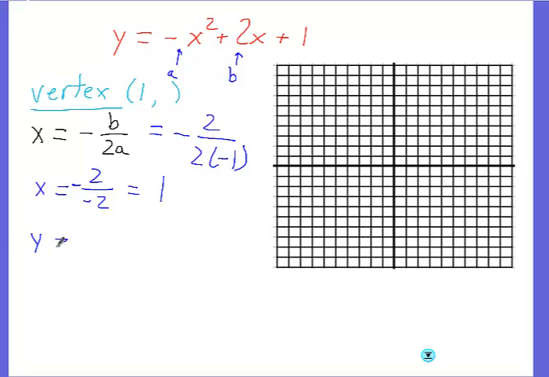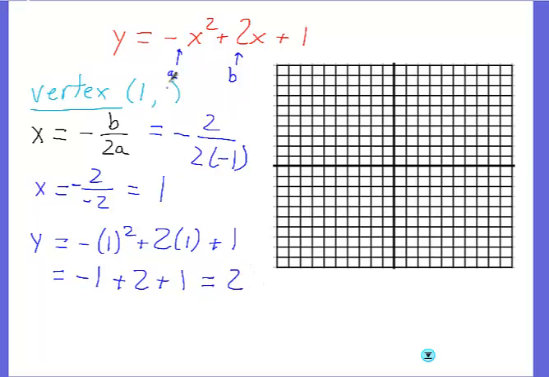So y is equal to negative 1 squared plus 2 times 1 plus 1. Then we simplify. 1 squared is 1, so it becomes negative 1 plus 2 plus 1, which gives us a positive 2. Okay, so our vertex is (1, 2).